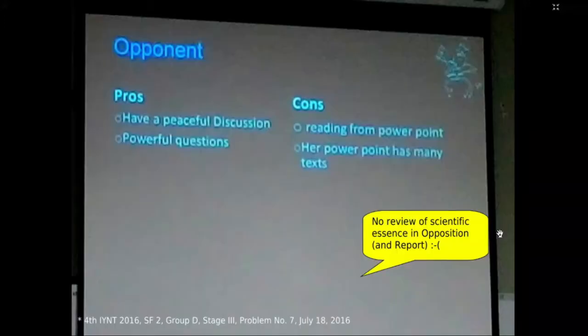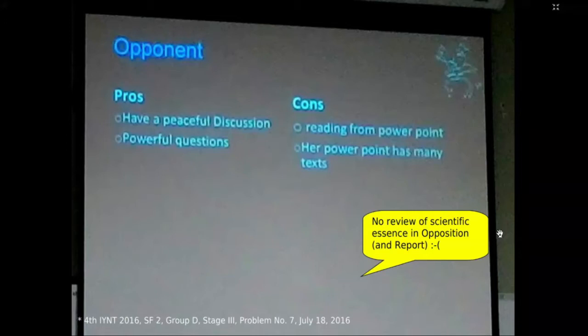Here you can see an example of slides of one reviewer. And as you can see, the points that the reviewer is bringing are not really good points because they are very general. They are not about science. They're not about contents of the report and opposition. They're basically about quality of the discussion.